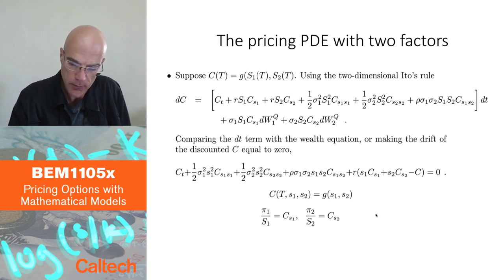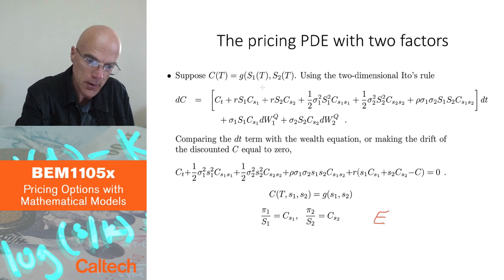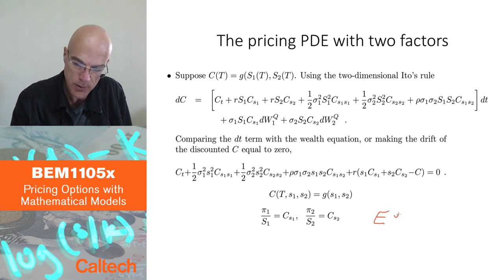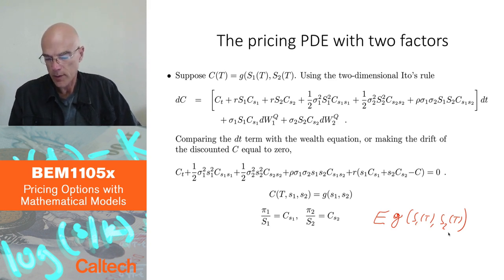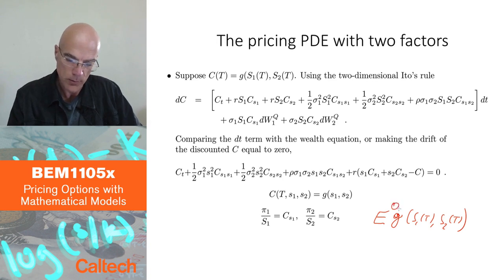In computing expected values, the expected value of my option is going to be of this type up here, g of S1(T), S2(T), some function of the final values of the stock price, so a European path-independent option. And then you discount, but that's deterministic, so you just have to compute this expectation under Q, right?